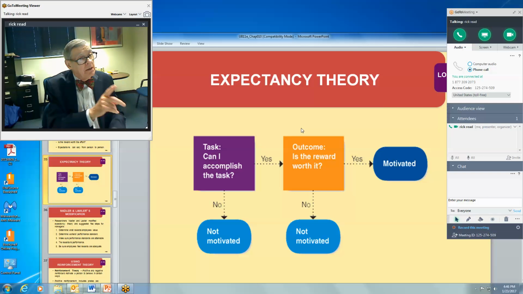If the employee says yes, then he or she moves to the next step in his or her mind and looks at the outcome. And the outcome is the reward. And the reward is it worth the effort I'm going to put into this? Again, no, not motivated. If yes, he or she becomes motivated, and then goes on and completes the task.